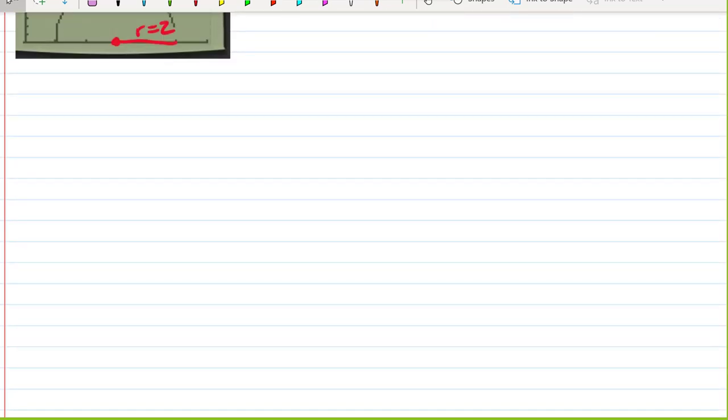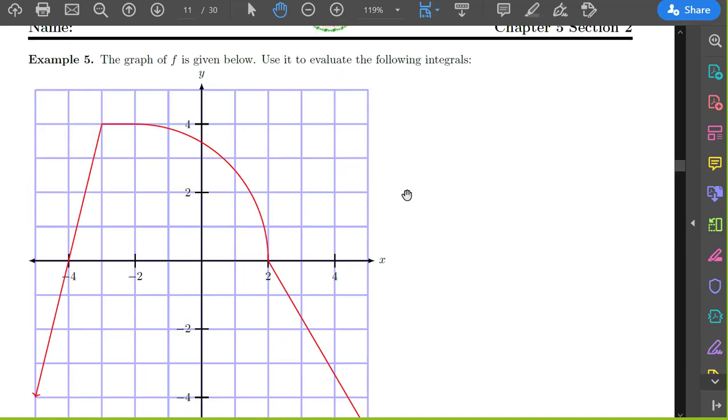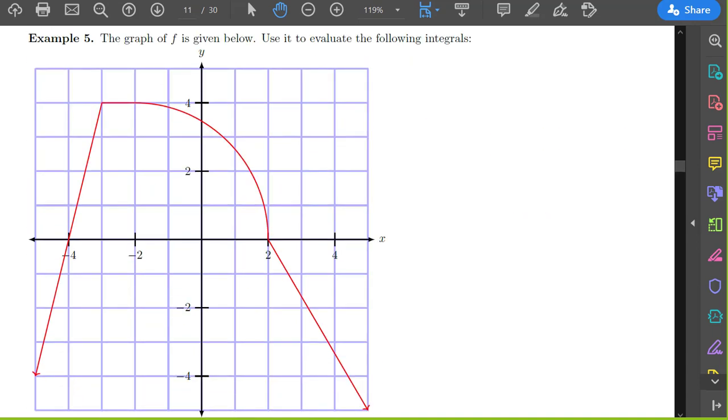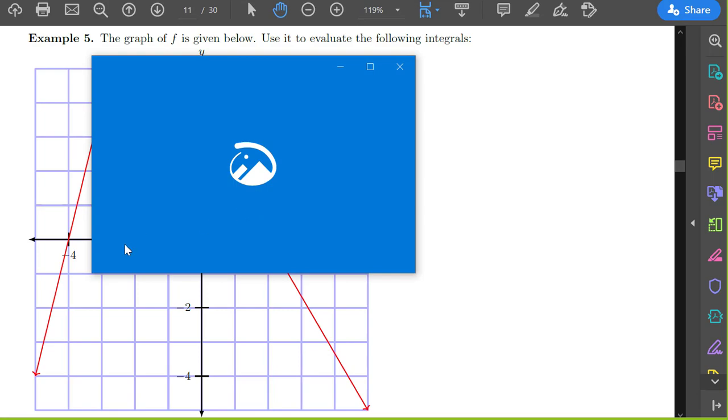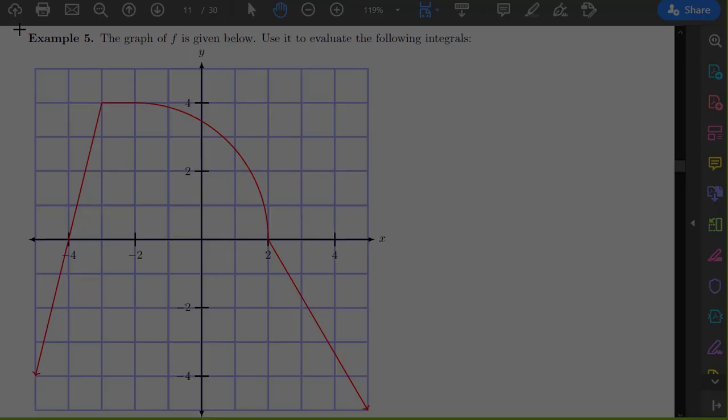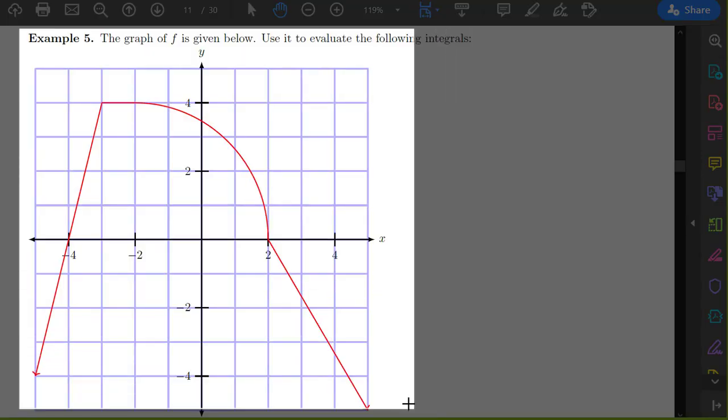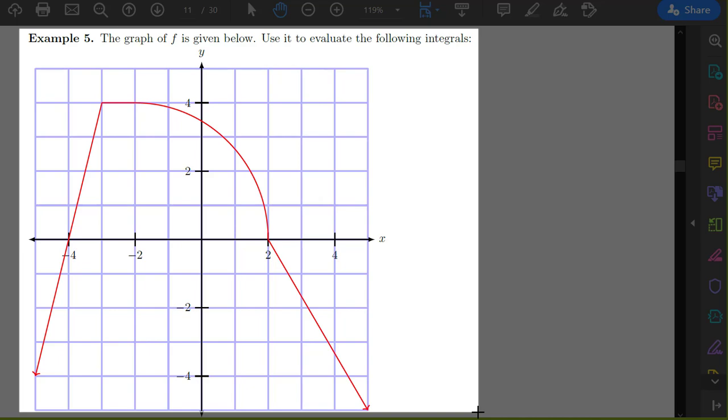All right, so let's take a look at our next example. So the next one says, use this graph to evaluate the following integrals.